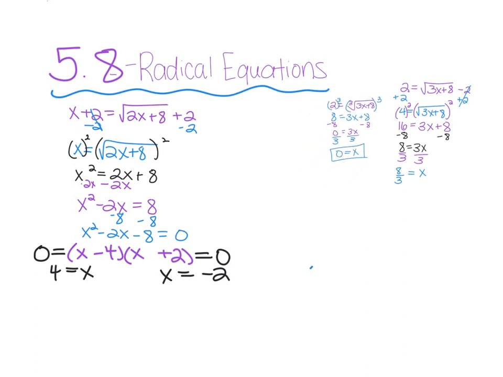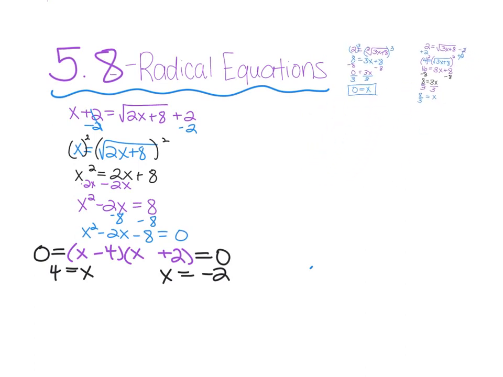So now these quadratic ones are the ones you have to check. So when I've gotten 2 answers, I need to go back to my original problem and check each of these. So let's say I start with the 4. I'm going to plug 4 in everywhere there's an x.